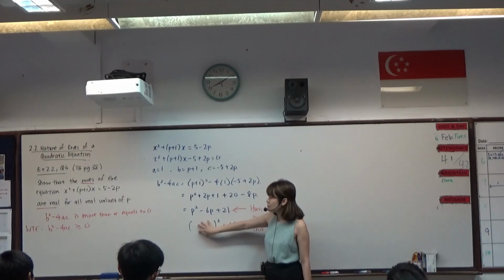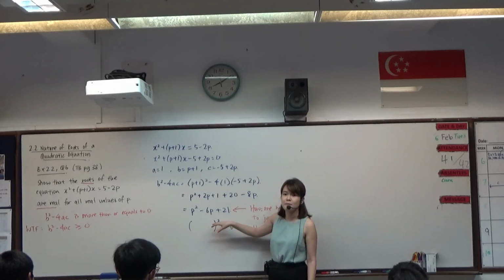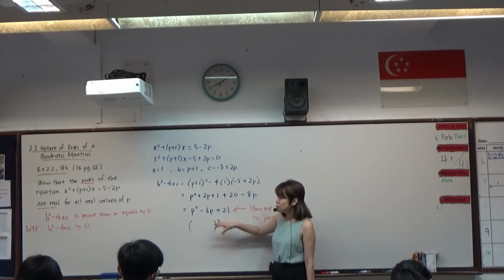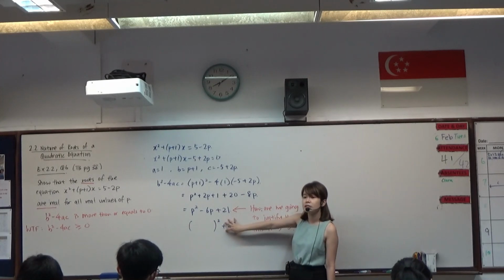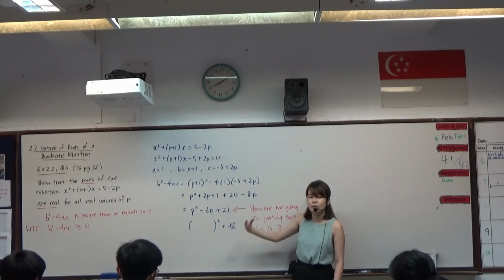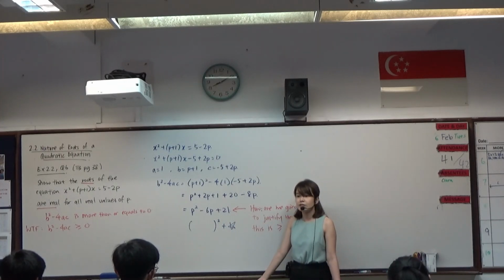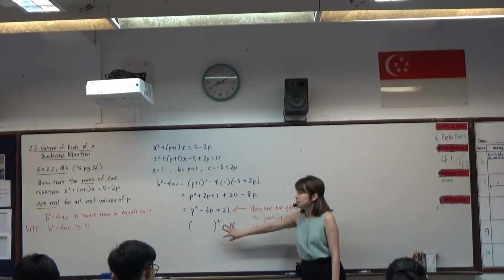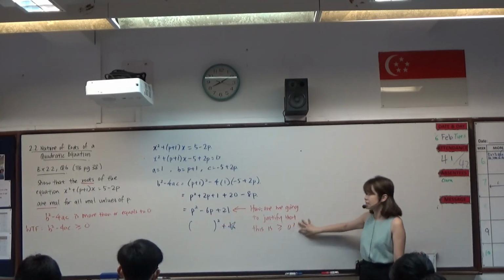Whenever we square something, it will always be more than or equals to 0, always positive, otherwise 0. Positive number plus positive will surely be positive. So that is the way that we could use to justify.